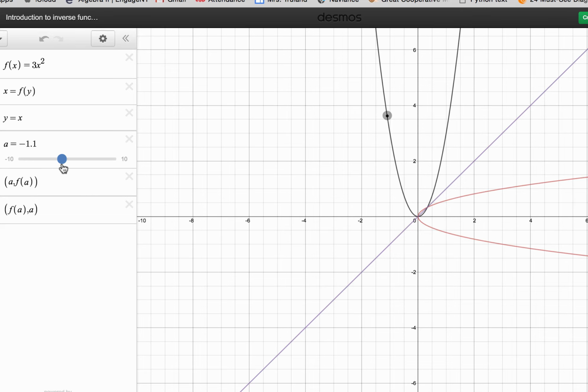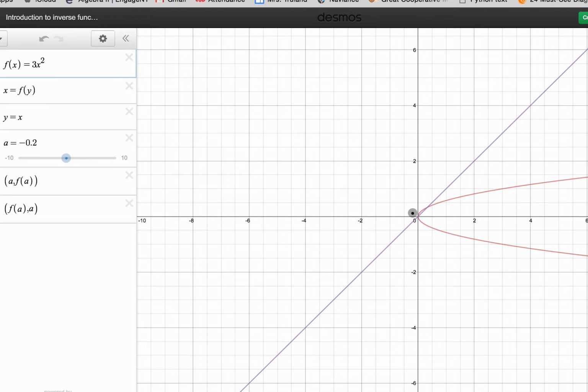There it is in black, and there is my lovely black point moving along it. However, look at its inverse. Its inverse is not a function.